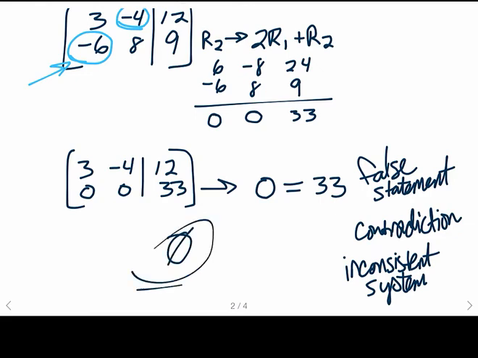So I'll write the empty set symbol, the zero looking thing with a slash through it. That's it. So that's how you recognize an inconsistent system. Zeros on the left in an augmented matrix, and then a non-zero number on the right, which indicates an equation that can't be true. No solution.